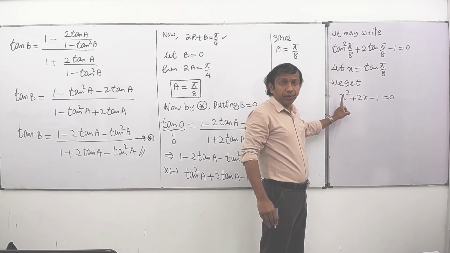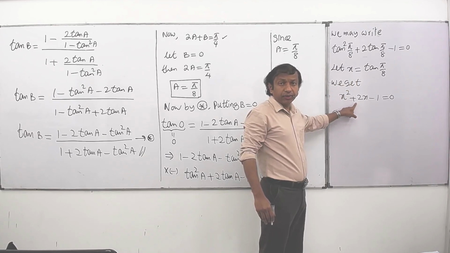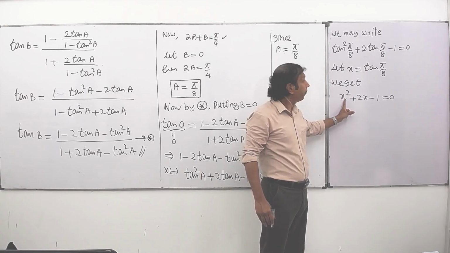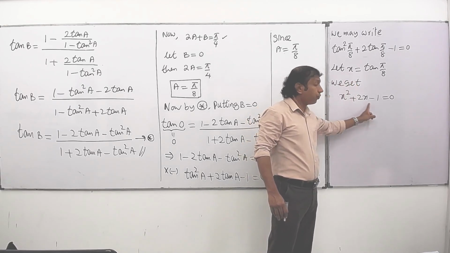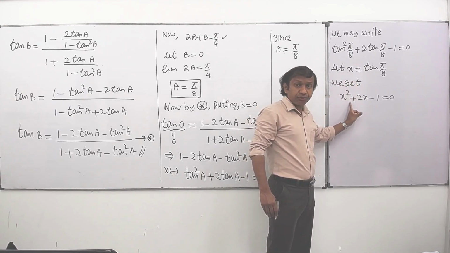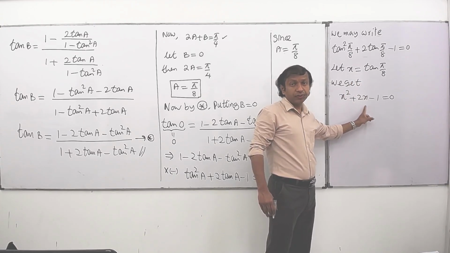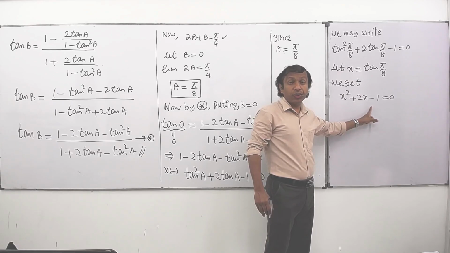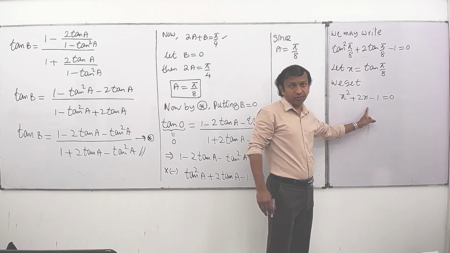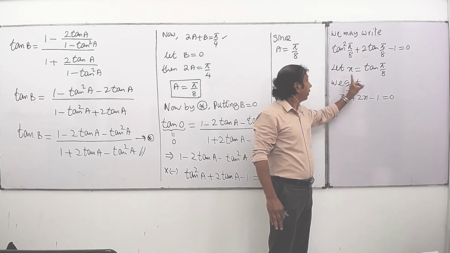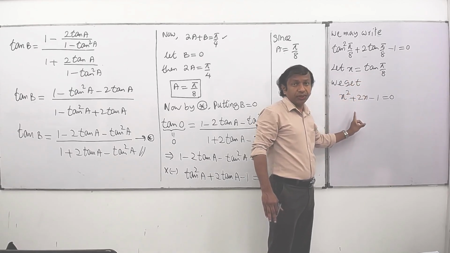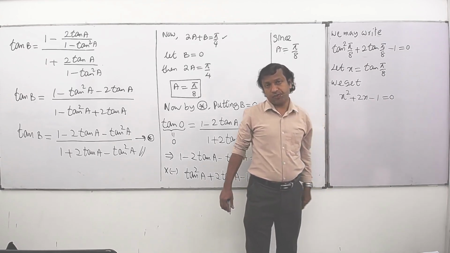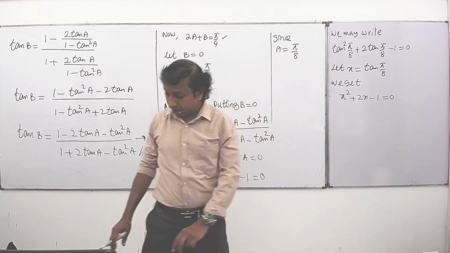So tan pi by 8 should be a root of this equation. Why? Answers of x of this equation are called the roots of this equation. But really, what is x? Tan pi by 8. Therefore, tan pi by 8 should be a root of this equation. Okay? Right. And then we can write the answer.